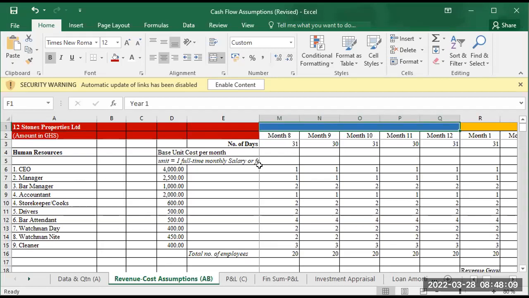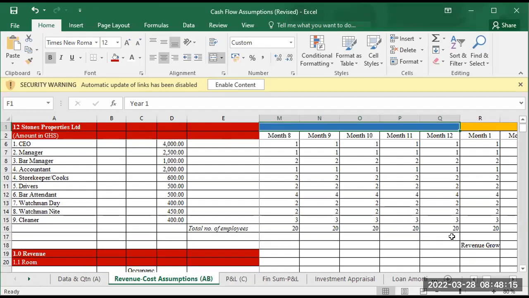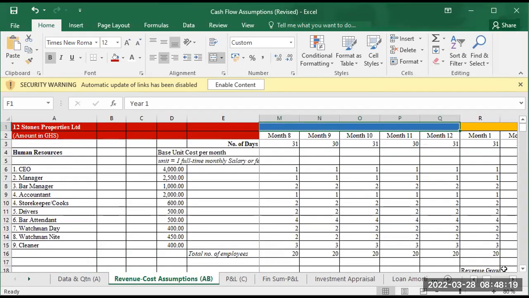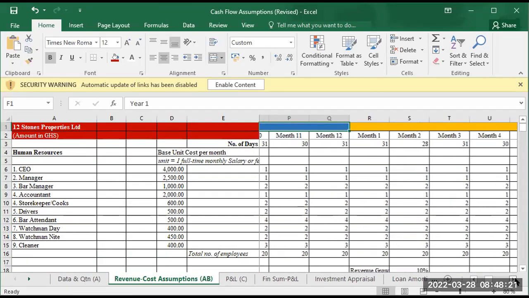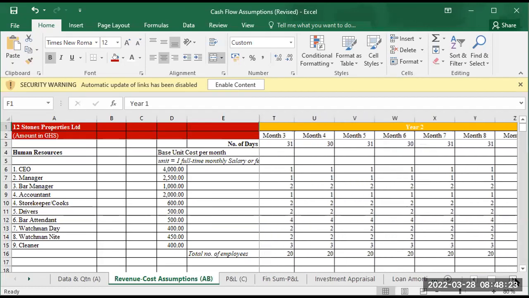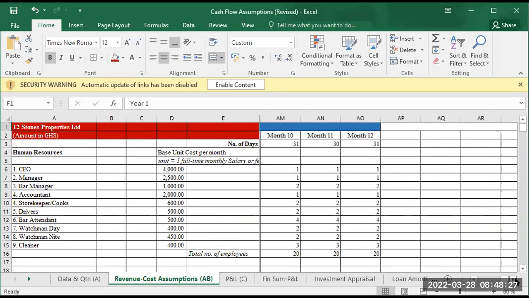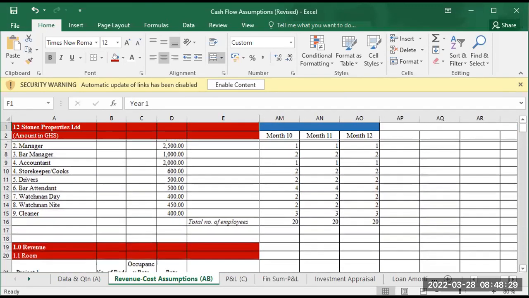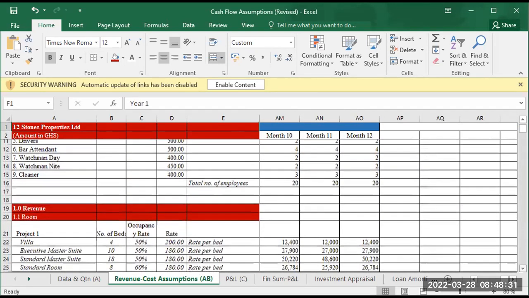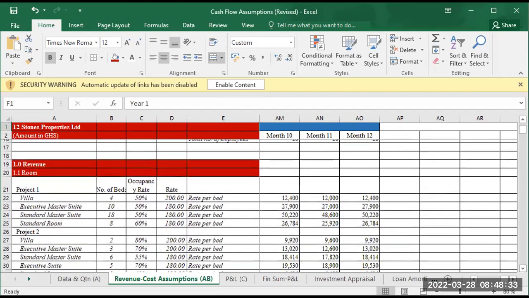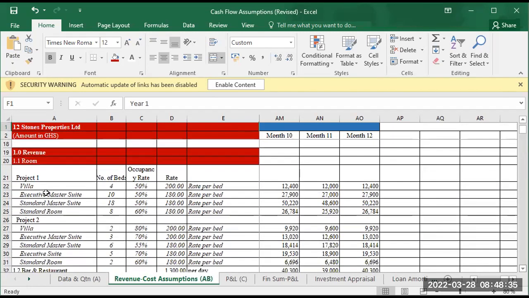So looking at the CEO, for instance, say in December you have 1, so these are the total number of 20. You can look at year 2, the same thing. So here we're basically indicating months. And then we move down for the same for revenue.